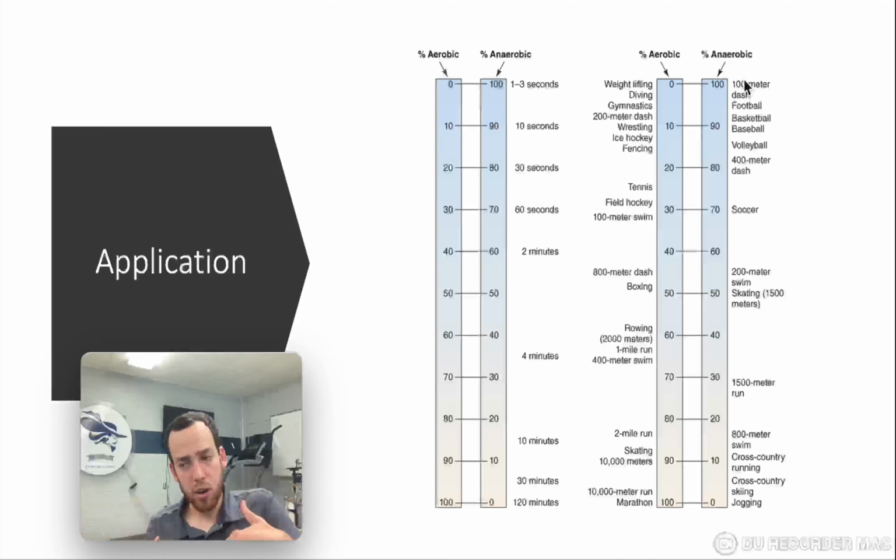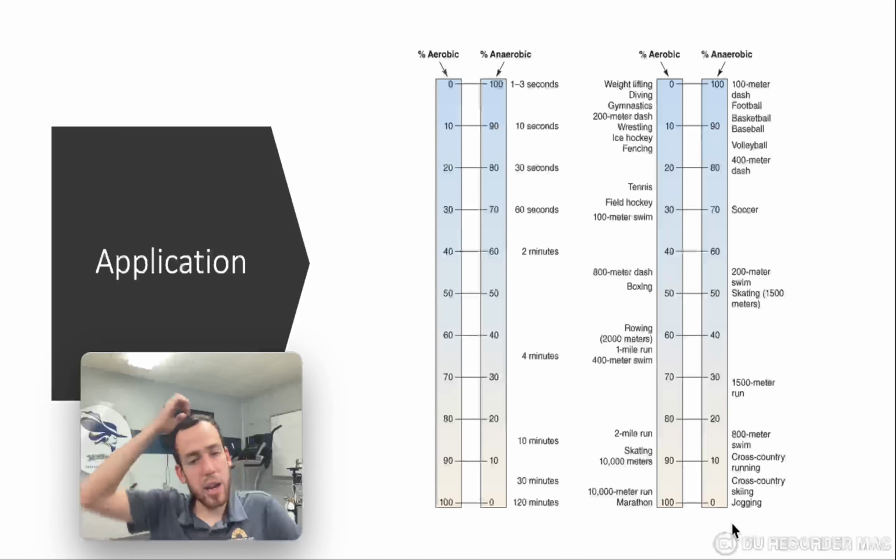To some degree, anaerobic is happening. But to the largest extent, aerobic is happening, right? So even if you're at a full sprint, you have some aerobic system going. So it's important to understand that it's not quite as clean cut as this shows. Yes, these are the cutoffs and this is roughly where we're at, but the reality is everyone is using some form of every system.